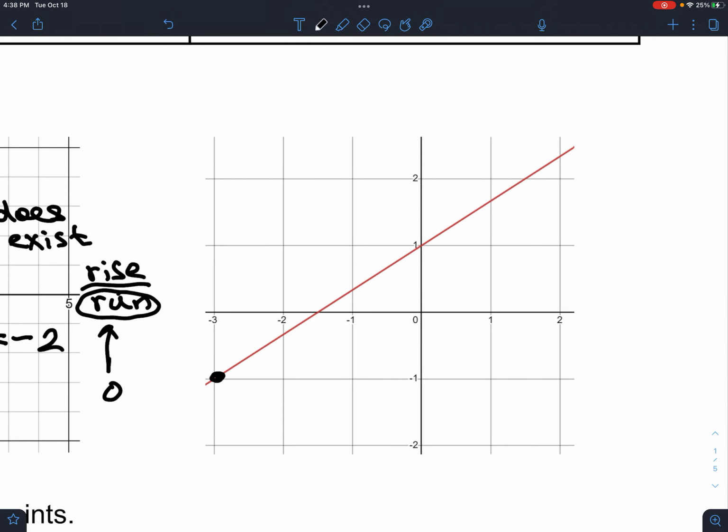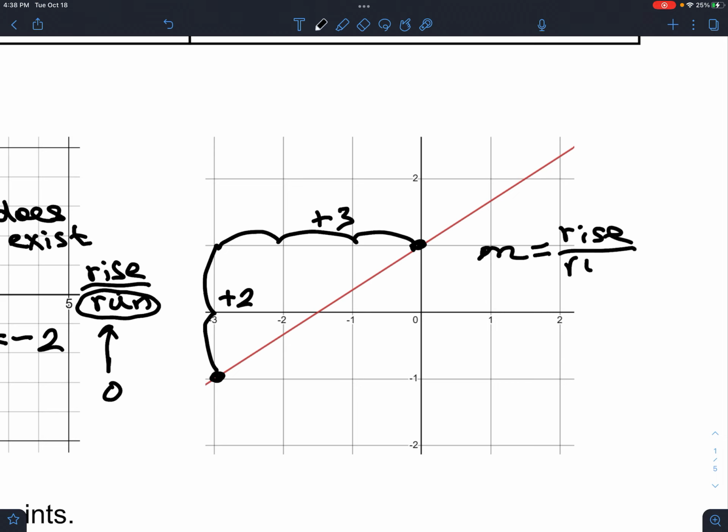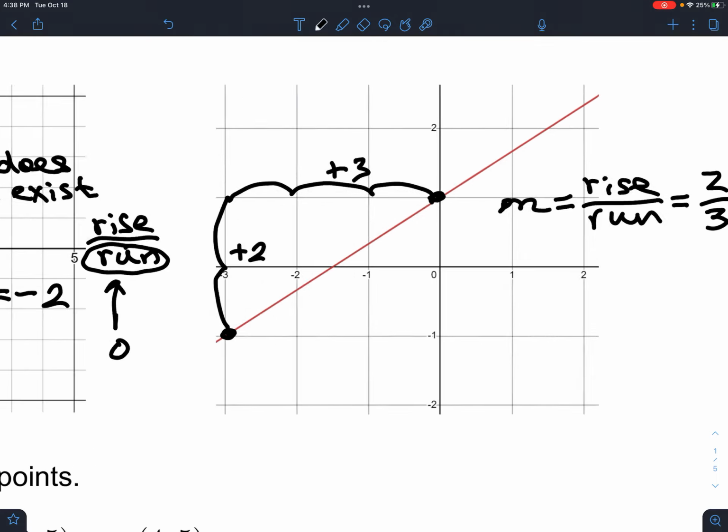Whereas any other line like this, you can simply take 2 points, and it does have a rise and a run. And I'll give another exception here. We go up first and then go to the right 3. So the slope, remember we're doing the rise first over 3.